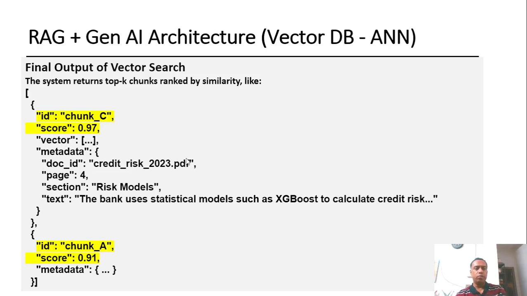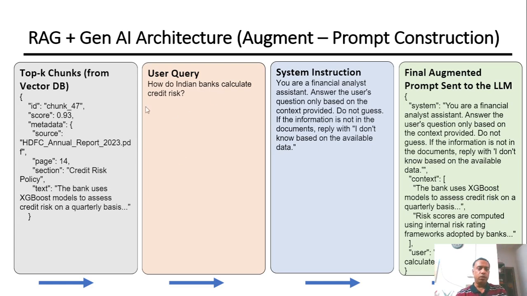This then moves to the augmentation phase. In the augmentation phase, you will have all five chunks plus the user query. To this, you add system instructions. This is the additional layer used for prompt construction. It tells the LLM what role it is playing. So let's read this. You are a financial analyst assistant.